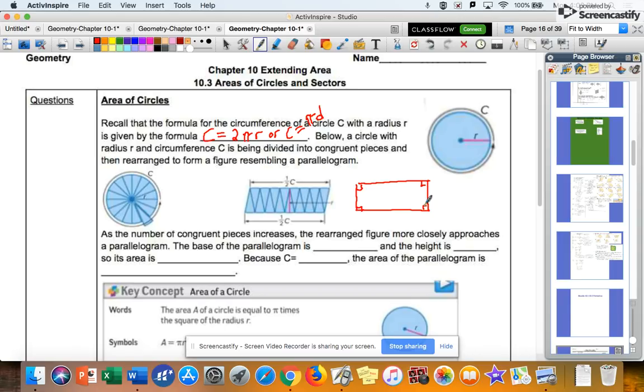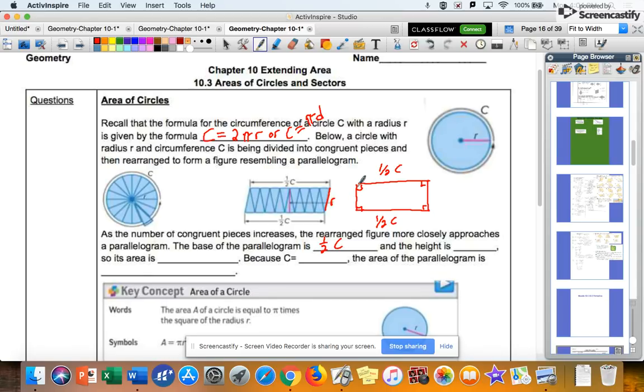The base of the parallelogram is 1/2 of the circumference, right? Because you'll notice since it alternates, half the circumference is here, half is here. So 1/2 C and 1/2 of the circumference there. But the height over here, now it's not a height quite yet because it's a little bit diagonal, but that's r.